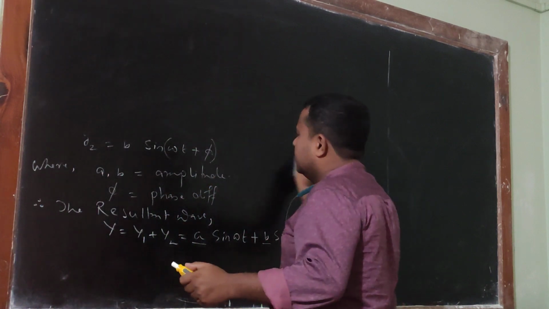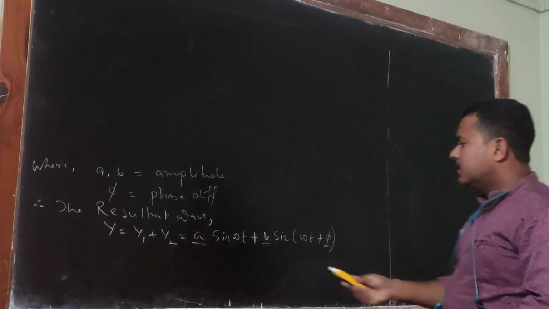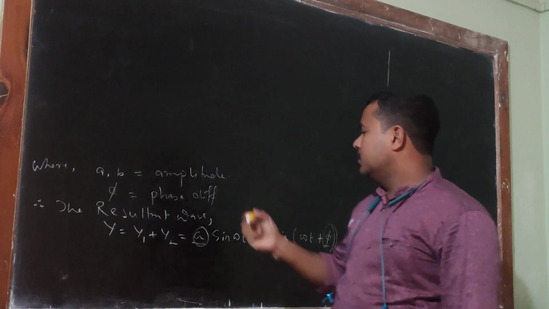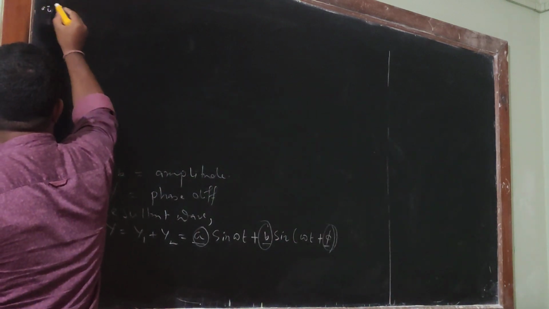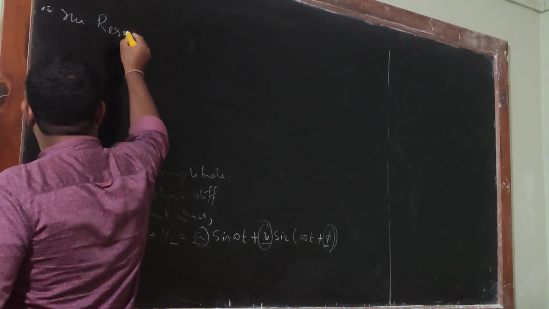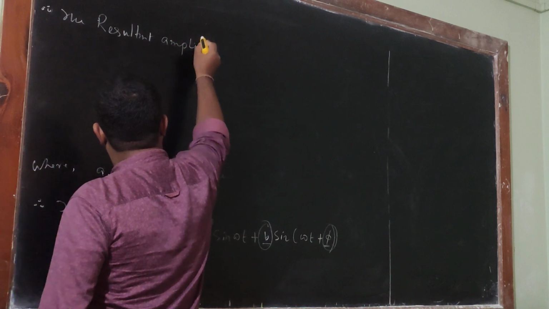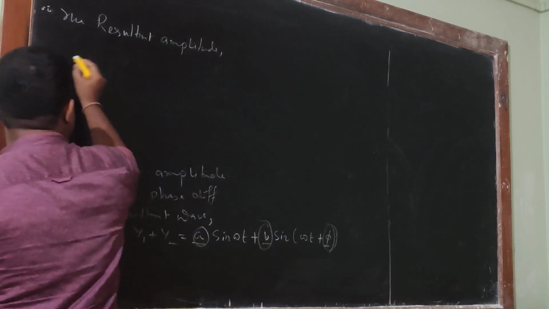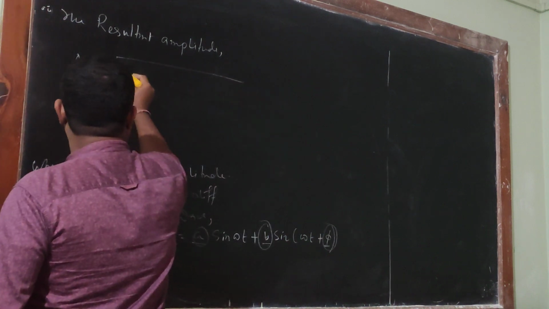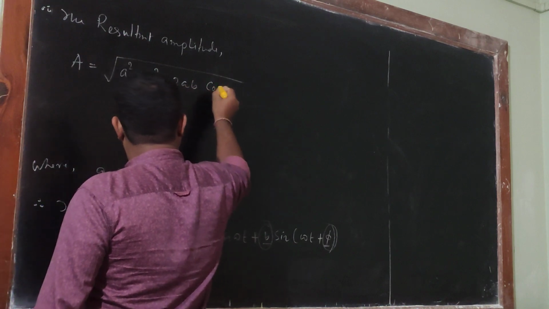So you can find the resultant amplitude. Here you see its amplitude is A, its amplitude is B, and phase difference is what? Phi. So therefore, the resultant amplitude will be root over A square plus B square plus 2AB cos phi.